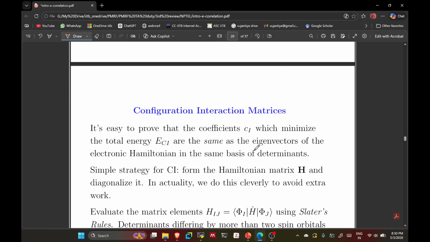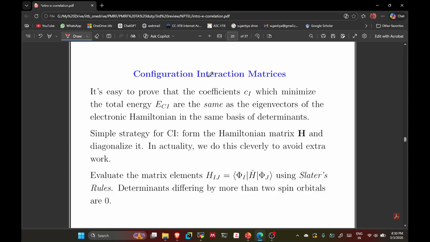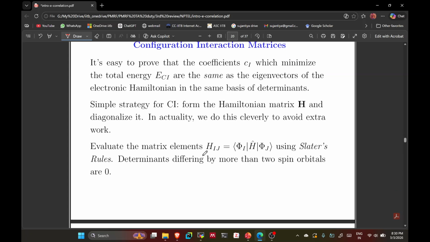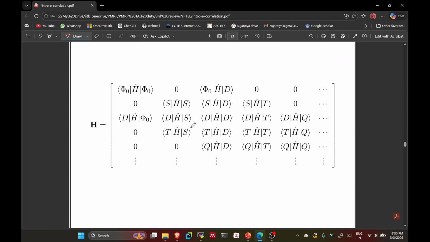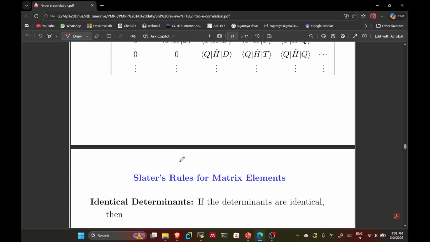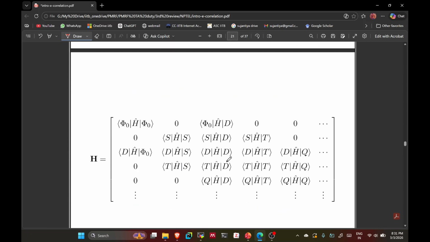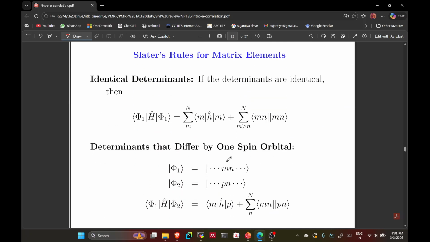So these are the Slater rules, configuration interaction matrices. I'll come to this when I solve that question. And you can see this is the Hamiltonian in the configuration interaction, or the n-electron Slater basis, right? So this is HSS, then HSD, this is H00, this is H0S, H0D, and so on. Now, why are these terms zero? You already know the Slater rules that you have been taught.